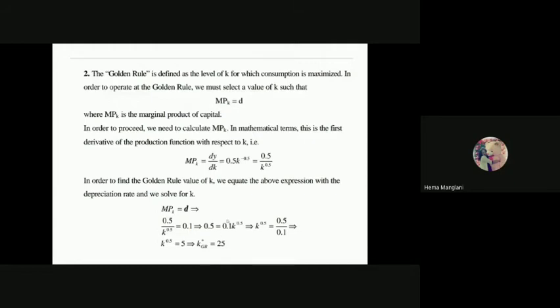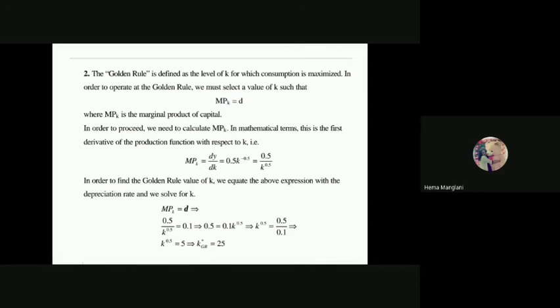And that says that k star of golden rule is now equal to 25. In other words, the golden rule of capital accumulation says that the slope of your production function is not matching, when k star is equal to 4, with the line of depreciation, because we know the depreciation line is a 45-degree line, which increases only constantly.